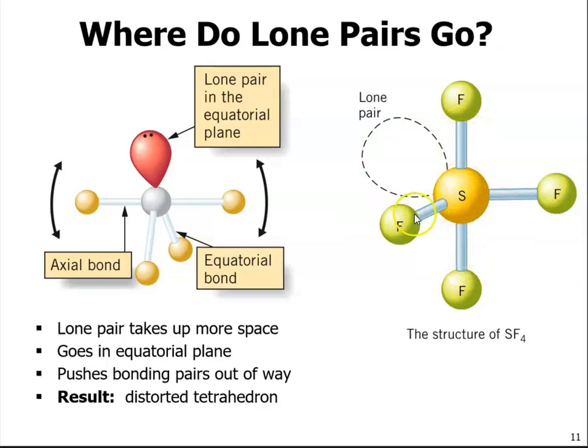The axial positions are 90 degrees apart from the equatorial, where the equatorial positions are 120 degrees. Lone pairs take up more space, so they'll go into the equatorial plane, because if you remember, that was 120 degrees on that side. So they wouldn't go into the axial position. They'll go in the equatorial position where they'll have more space in that spot.